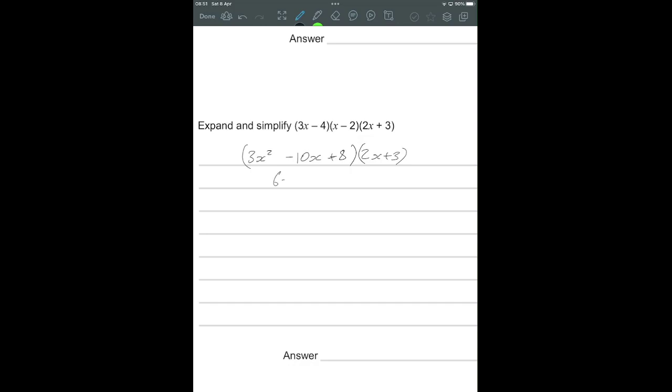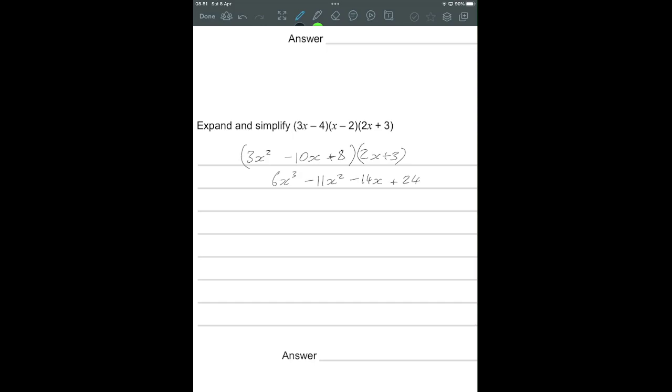Expanding further, we get 6x cubed. I'm going to have a minus 20x squared plus 9x squared from the 2 ways to get the x squared term. We have plus 16 from the 8 and the 2, minus 30 plus 16 minus 30 is minus 14, and finally 3 times 8 at the end is 24.